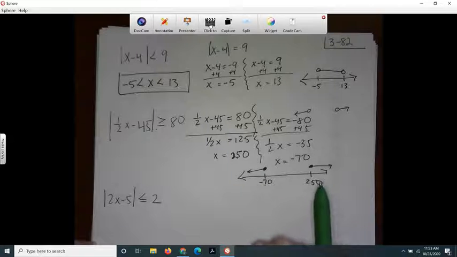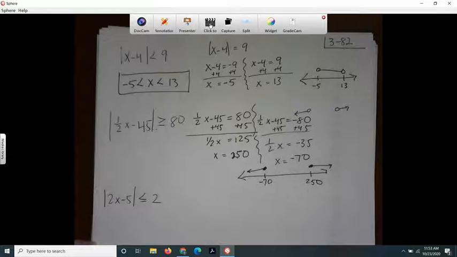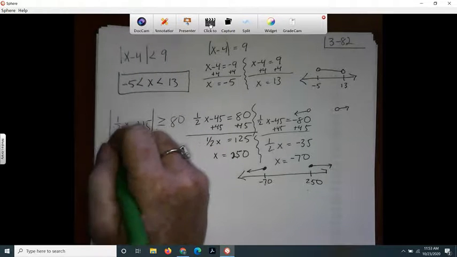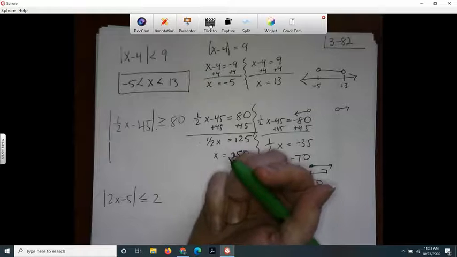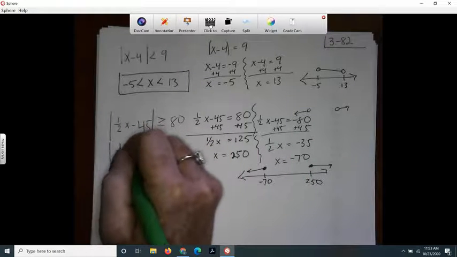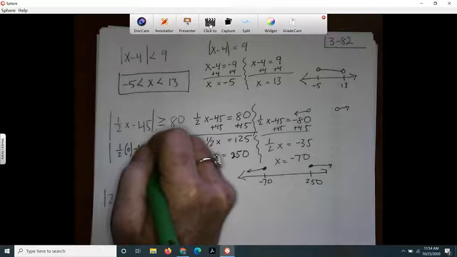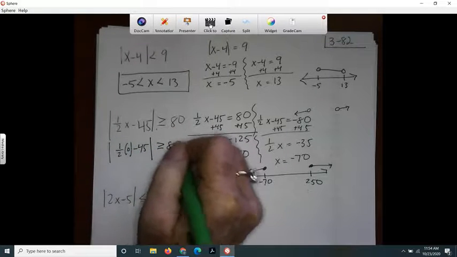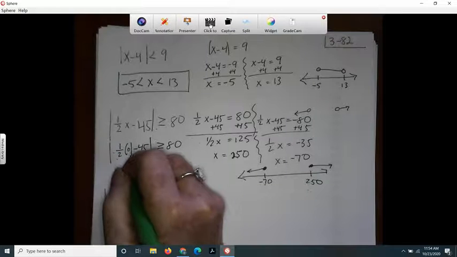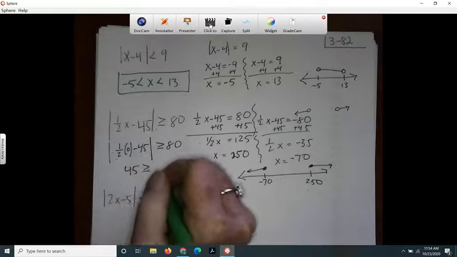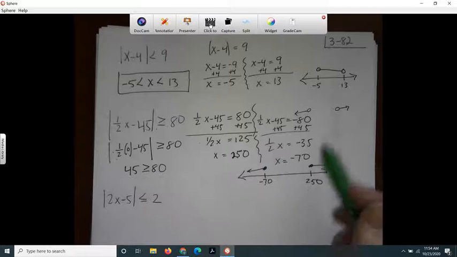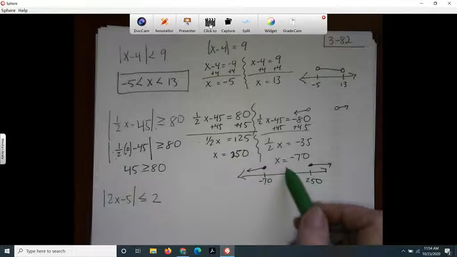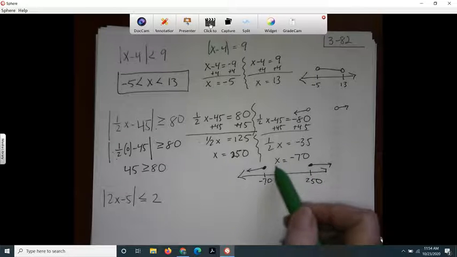I'm testing 0. Okay, I got myself confused for a second. That is not true, and I wanted it to not be true, I was just testing to make sure that I wrote this right. Yeah, so 0 is not a solution because 45 is not greater than 80.